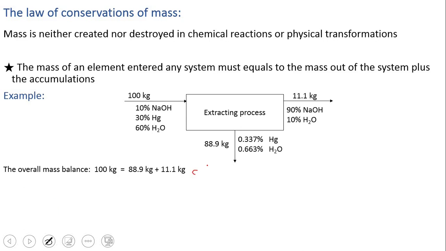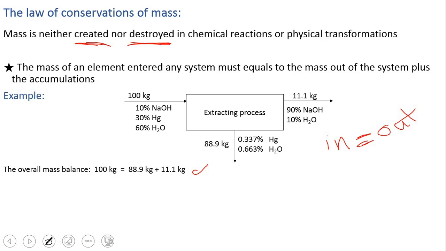So this is a valid expression, because we said mass is neither created nor destroyed, and in this system there is no accumulation, so the mass in must equal the mass out. Because there is no accumulation in the system, we can see that there is no mass here. Also there is no chemical reaction happening, so there is no generation or consumption happening.